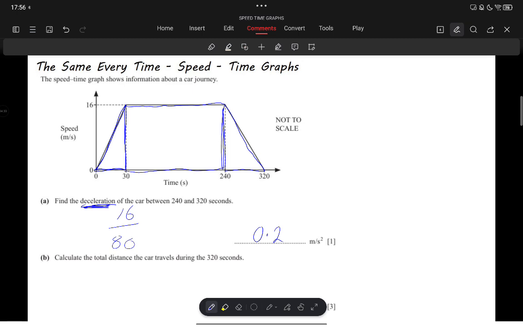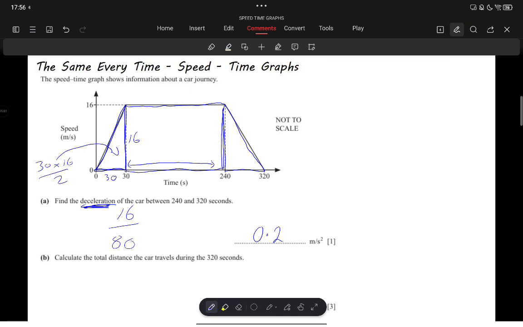So the first triangle, the base is 30 and the height is 16. So the area of that first triangle is going to be base times height divided by 2. For the rectangle, we're going from 30 to 240.